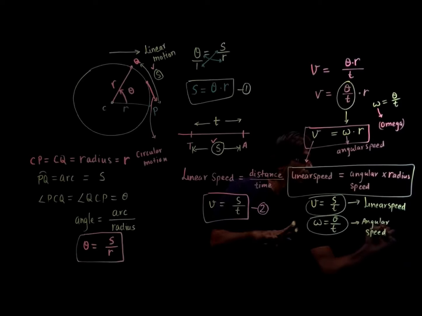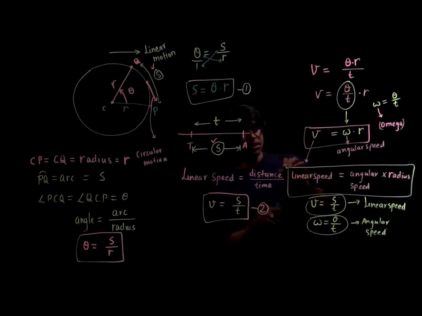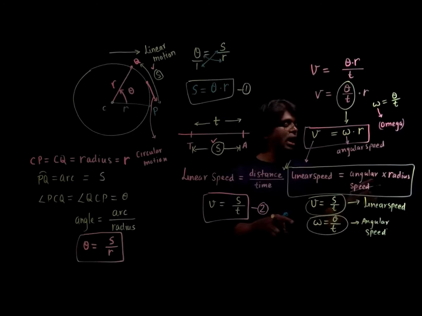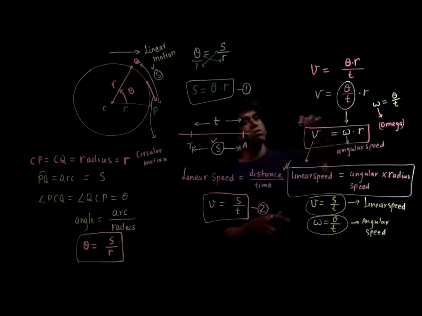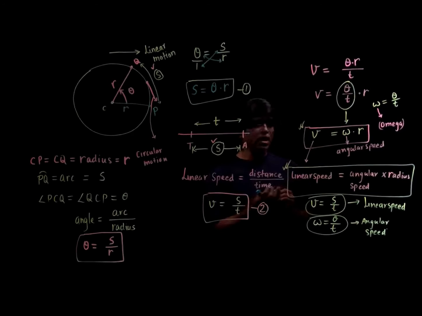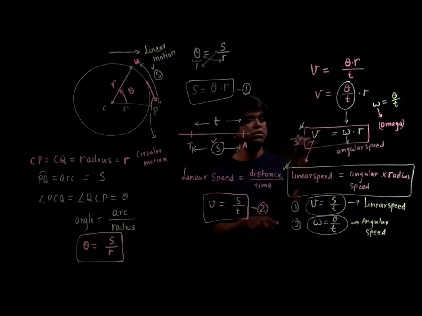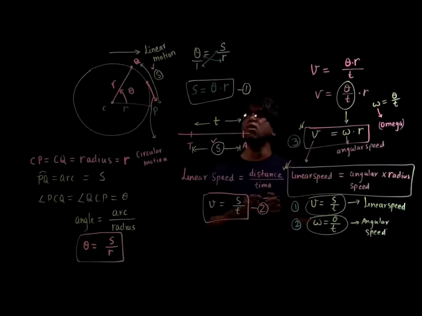And then we have our relation between linear and angular speed: linear speed is equal to angular speed times radius. So basically we have three different relationships: relation 1, relation 2, and relation 3. And this is how we define linear and circular motion, and we can also define angular speed, linear speed, and the relation between angular and linear speed.